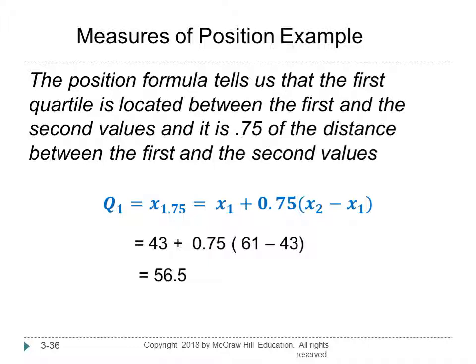This is x1 plus 0.75 of the distance between x1 and x2, and that's just x2 minus x1. x1 is 43 plus 0.75 times x2, which is 61, minus x1, which is 43. If you do this calculation, you should get 56.5, and that is Q1. That is the lower quartile.